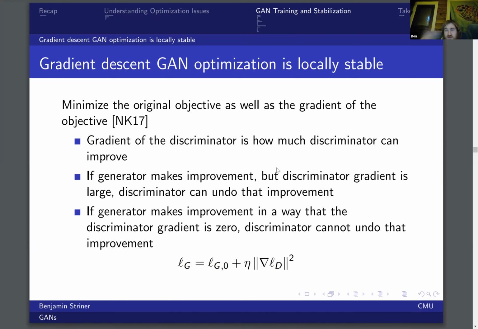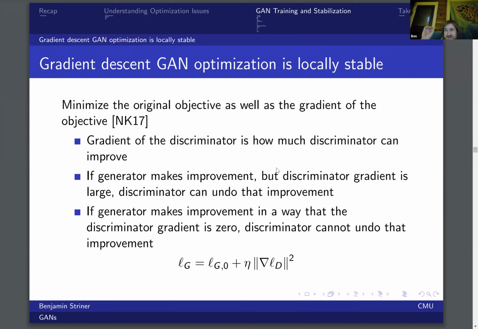And if the gradient's low, then no matter what I do, I'm not going to be able to make any improvement. So when you're training your generator, if your generator tries to do really well, but also tries to minimize the gradient of the discriminator, then the discriminator can't improve itself. The discriminator has no way to do better.